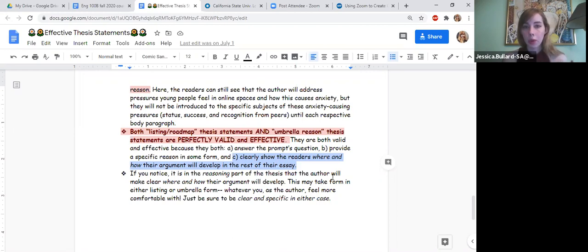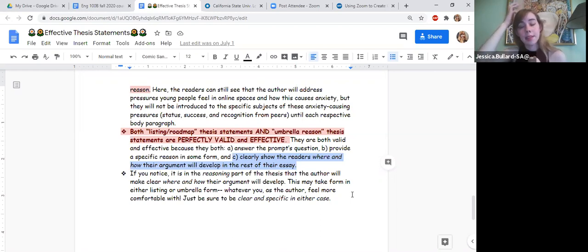The reasoning part of the thesis is where we see the direction the writer will go in, okay? Like I said here, what comes after because is where the reader is going to figure out what direction this writer is heading in, okay? And that, again, can happen in the roadmap form where you're outlining really clearly, here's what each paragraph is going to focus on, right?